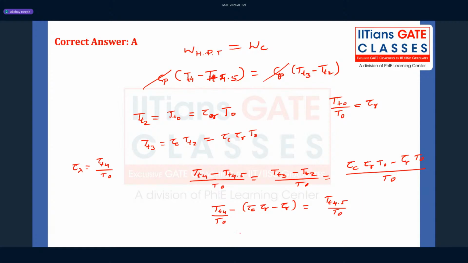So that is tau lambda minus tau c tau r plus tau r. Here I can take tau r common, or just keep it like that at this point.